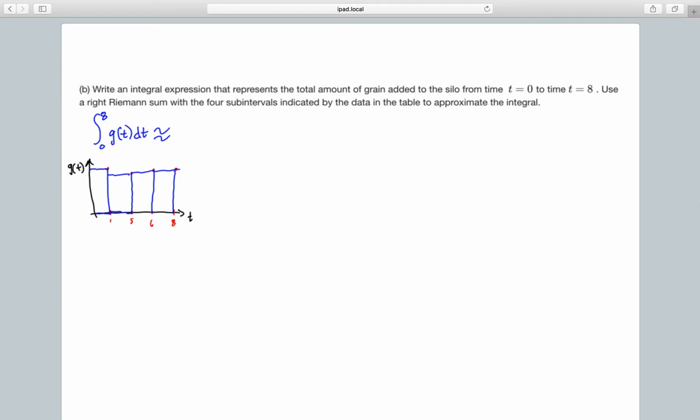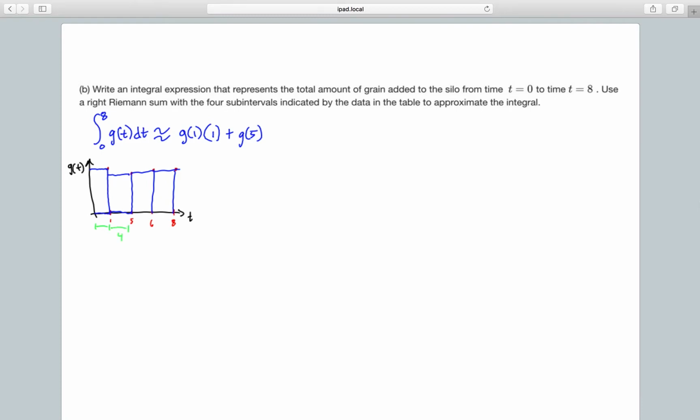So that's going to be g of 1, that's the height of my first rectangle, and I'm going to multiply that by the width of my first subinterval. Now these subintervals have unequal widths, so you're actually going to have to calculate it each time. So that first subinterval has a width of 1. So g of 1 times 1 plus g of 5 times the second subinterval would have a width of 4, right?